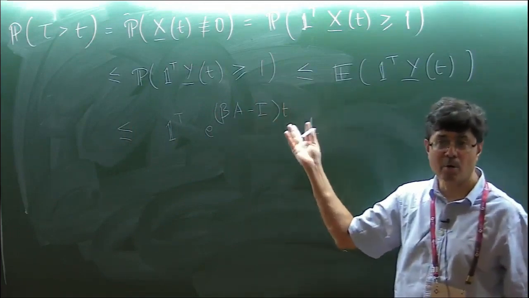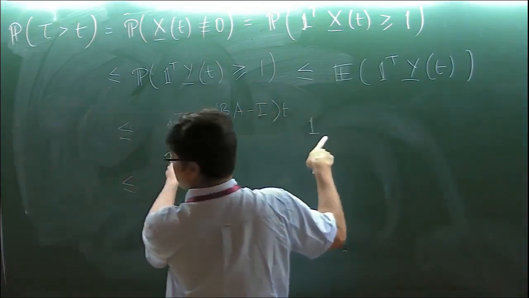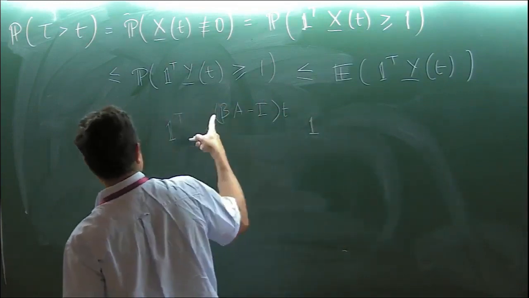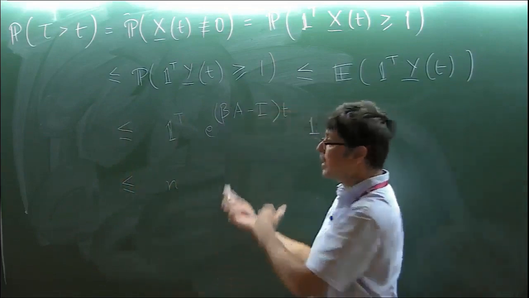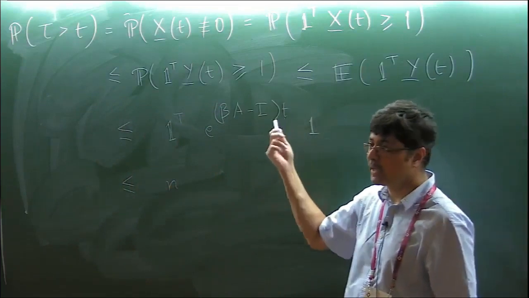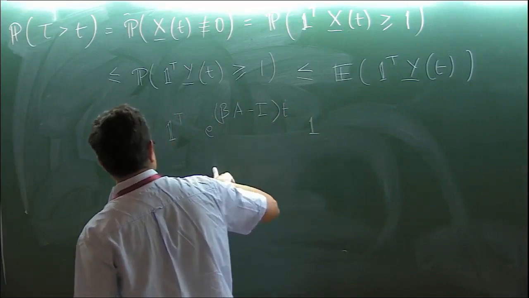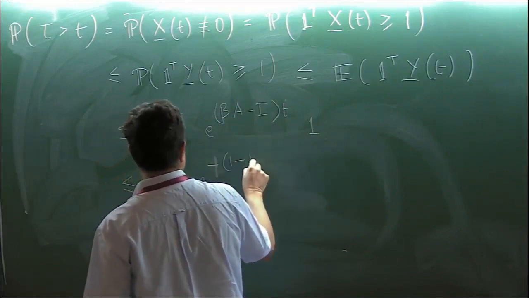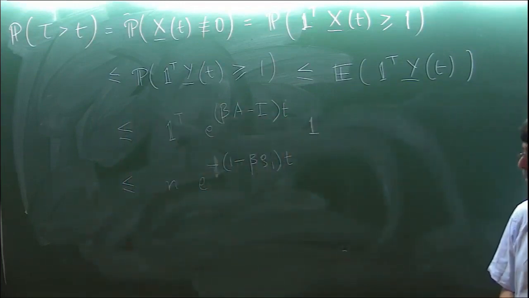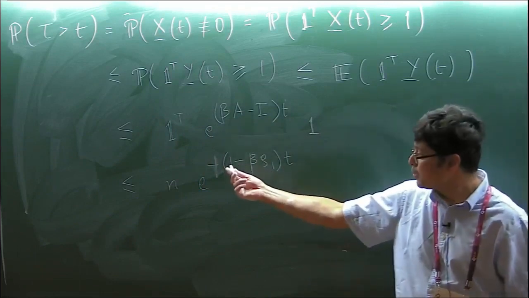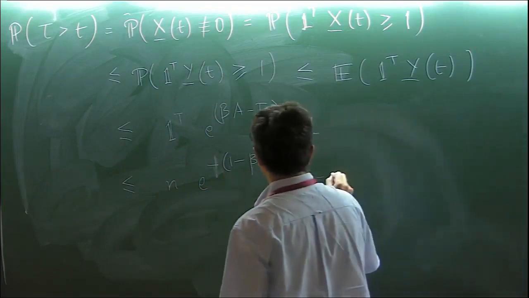Okay, so this is a quadratic form, and by Rayleigh-Ritz this is bounded by the inner product of these two vectors, which is n times the largest eigenvalue of this matrix. The eigenvalues of A are easily related to the eigenvalues of this quantity. So you get here e to the minus 1 minus beta rho 1 times t. And we assume this quantity, beta rho 1, was smaller than 1, so this is decaying exponentially.